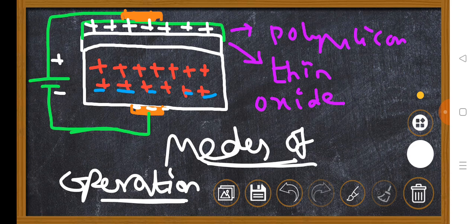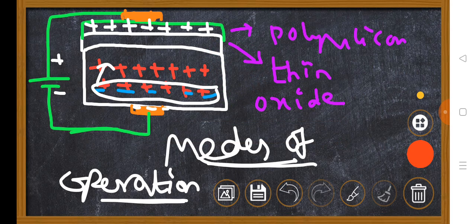Now observe very carefully. Since the positive charge carriers are present here and the negative charge carriers are present here, these positive charge carriers will attract these negative charge carriers to the upside, and these negative charge carriers will repel these negative charge carriers to the upside.